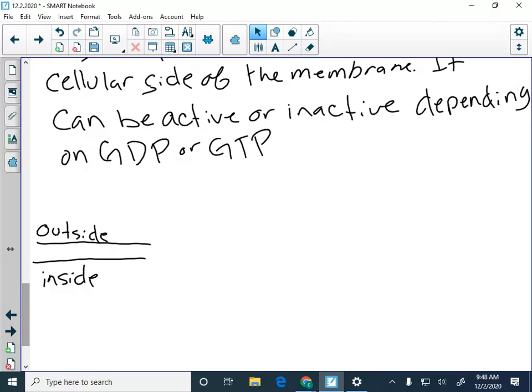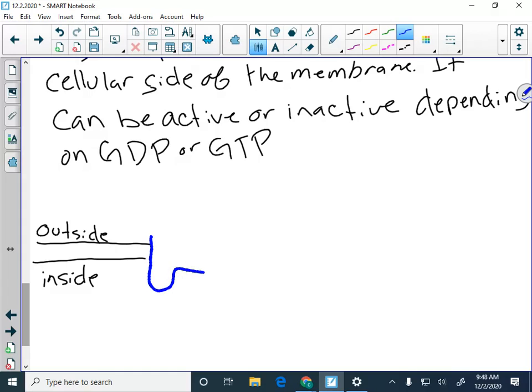I'm going to use the big chunky marker so I can switch colors easily. We're going to draw this structure right here. This is going to be our G protein coupled receptor. So this is our receptor molecule. In this form, it is inactive.